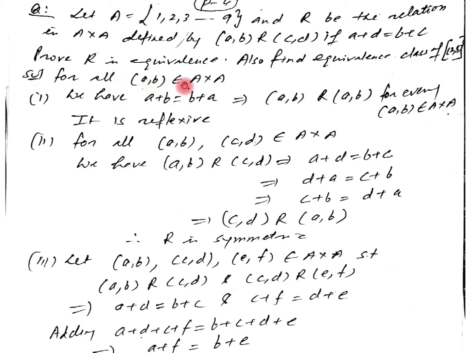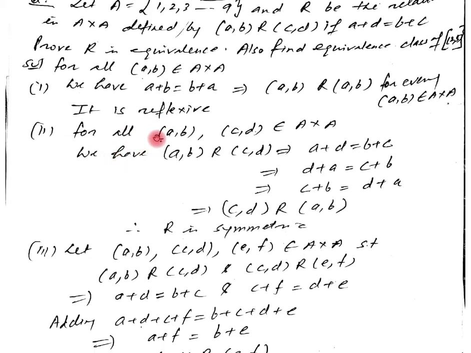For all (a, b) belonging to A cross A, a plus b can be written as b plus a. This implies (a, b) related to (a, b). Therefore every element is related to itself. So it is reflexive.